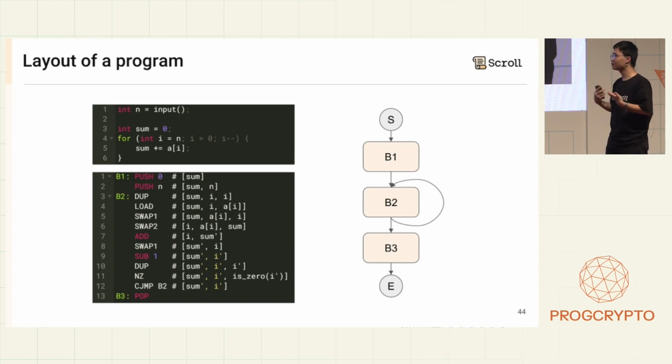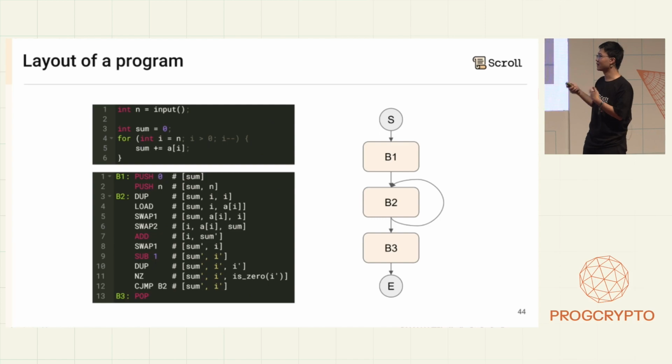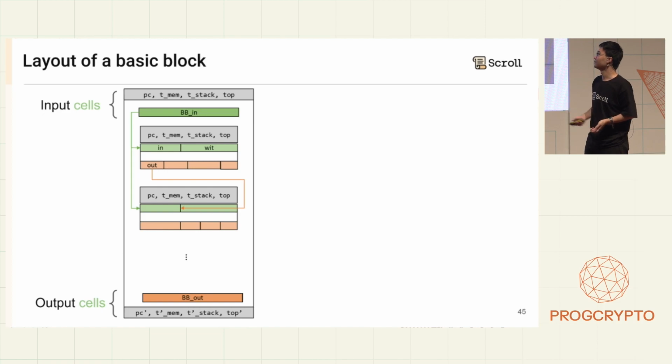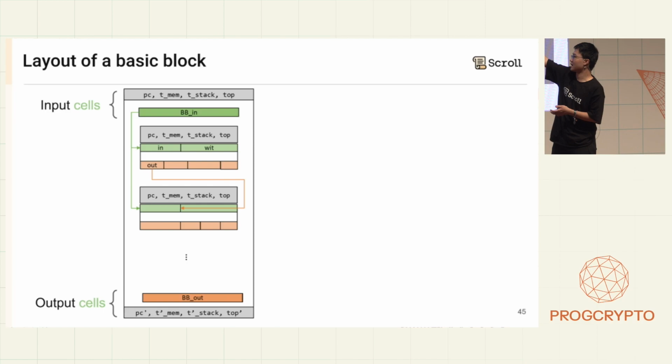The high level reason is that within one block, the elements you read and write are consistent with each other, so you can handle that within this layered circuit. There are some very complex details which I won't go into very deeply. But basically, if you have very complete for loops, this might be a very good choice for you. This is a layout for a basic block where those are opcodes.